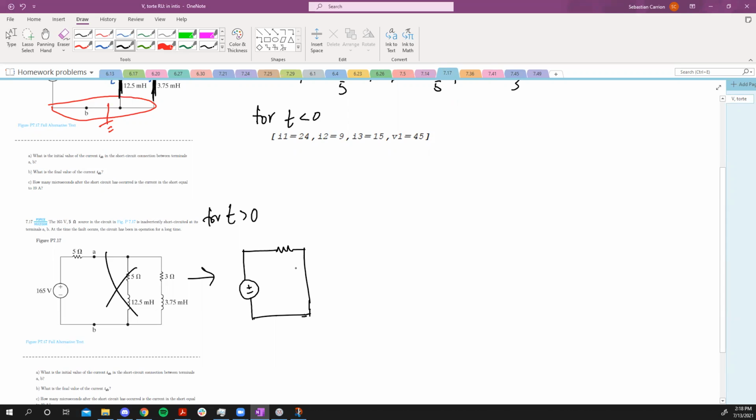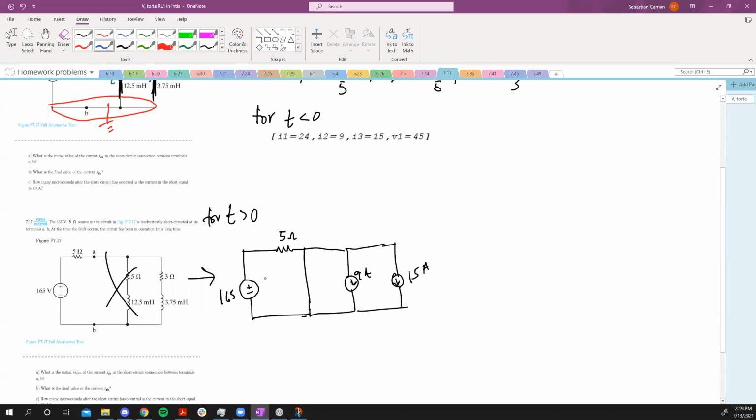This is 5, 1, short circuit. Then we got 9 amps going through here, and we got 15 here.